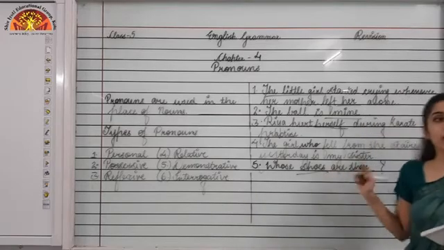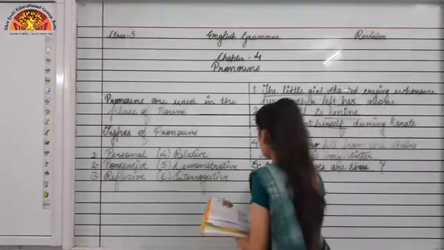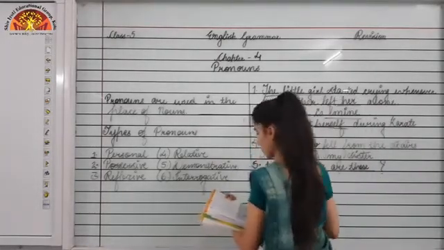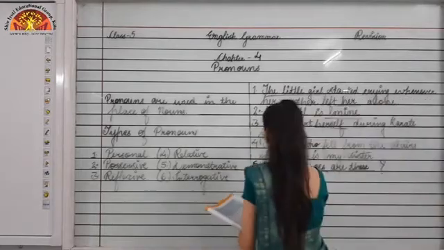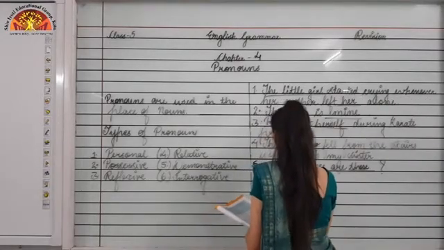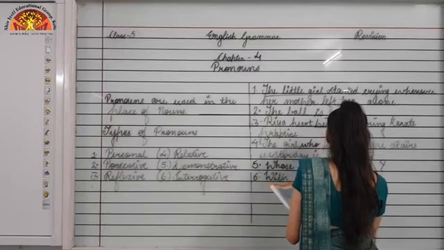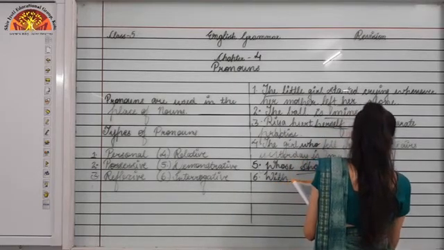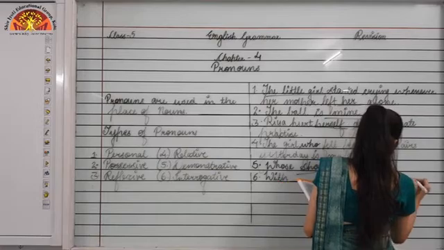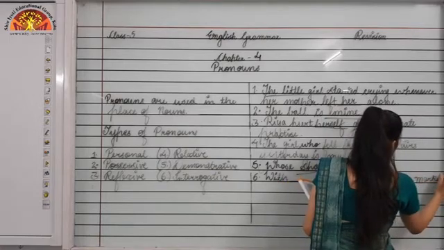Okay, now the last type of pronoun example we will be taking, that is interrogative pronouns. Okay, moving to the last type of pronoun, right? With dash will you go to the market?